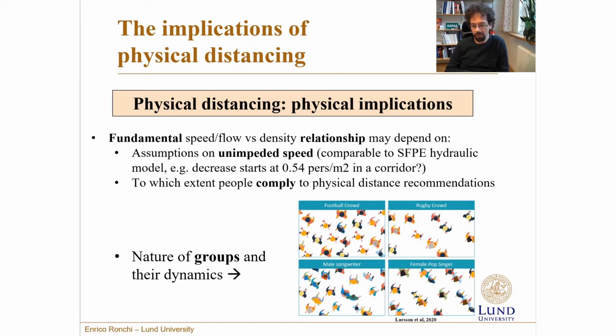too much data, so we don't really know what the threshold for unimpeded speed is, in terms of when people start decreasing their speed based on density in these conditions, because maybe people might want to avoid getting too close to other people, thus they start decreasing their speed earlier than the classical values or speed ranges that we see in current guidelines and handbooks, like for instance here I quote the SFPE hydraulic model.